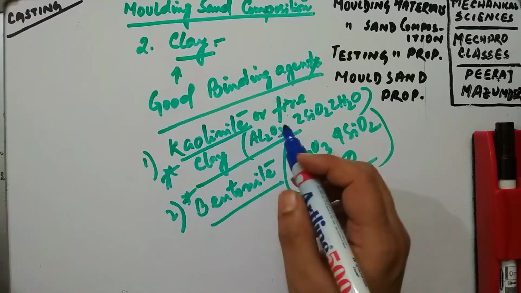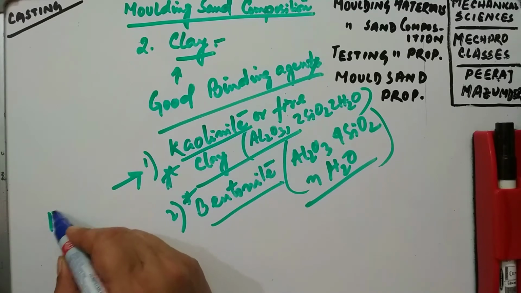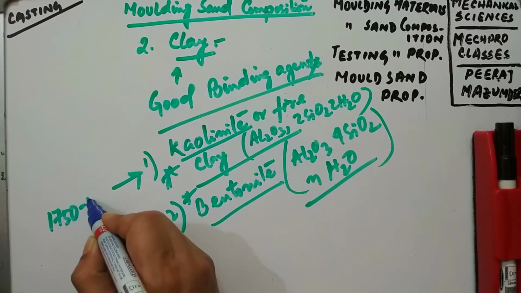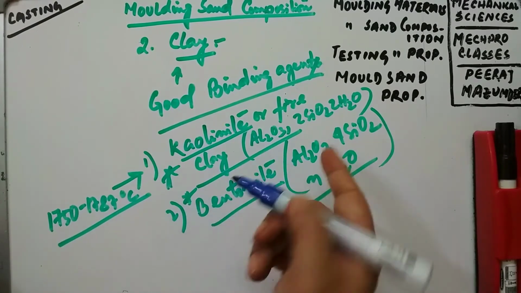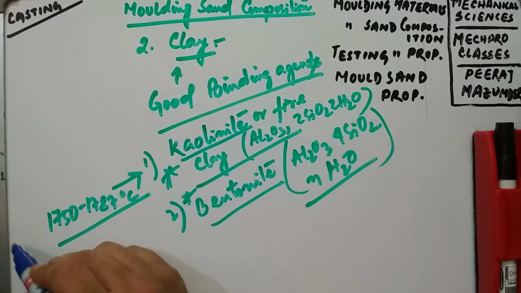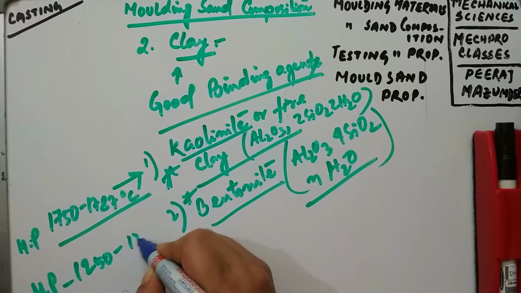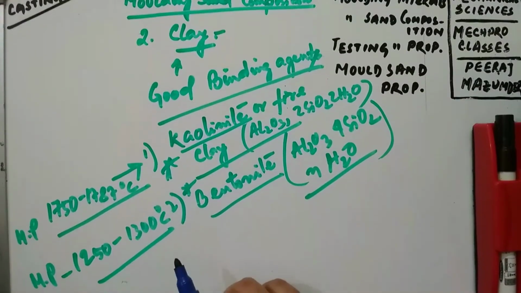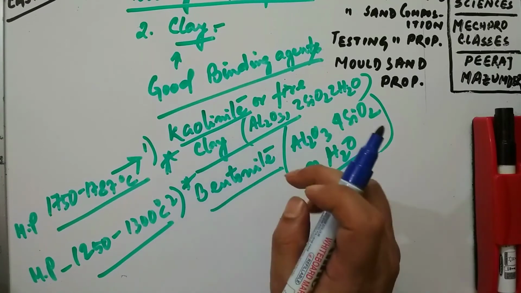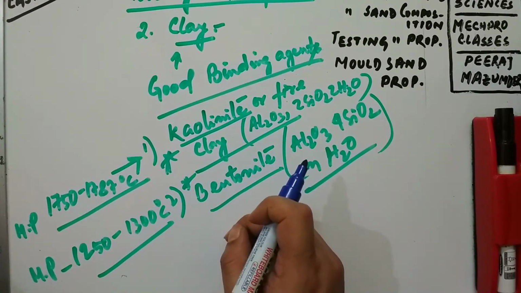Also, one thing you can take a note of: kaolinite has a melting point of around 1750 to 1787 degrees Celsius, and for bentonite the melting point is around 1250 to 1300 degrees Celsius. This is very important, you must take a note. The commonly used clays are kaolinite and bentonite, and their melting points are as this.